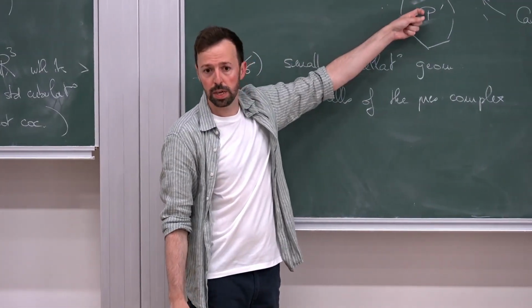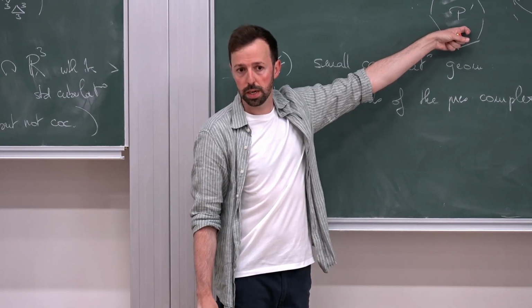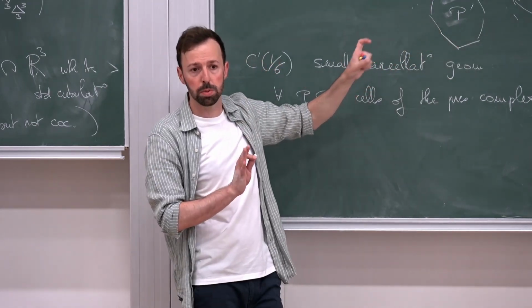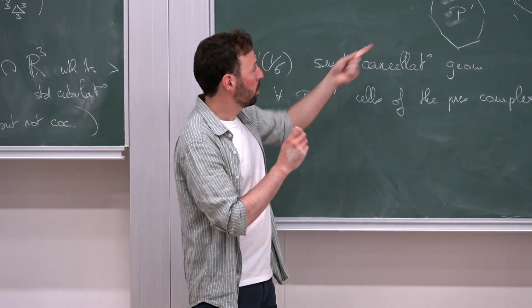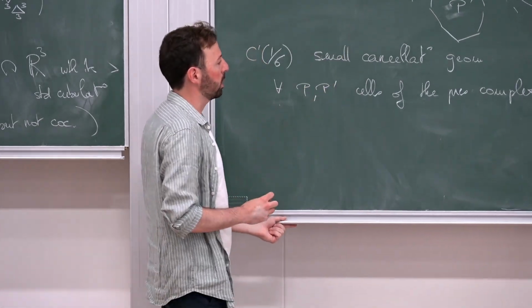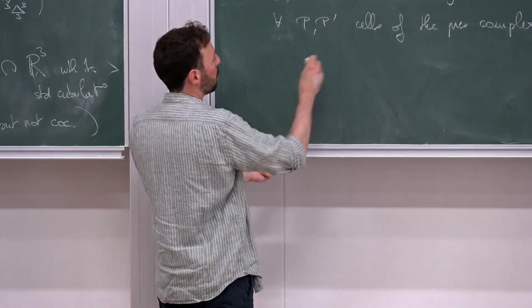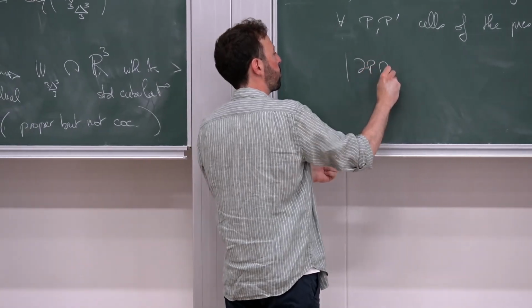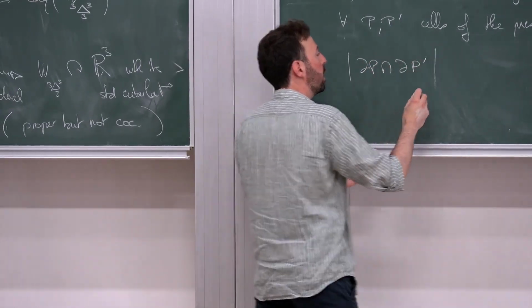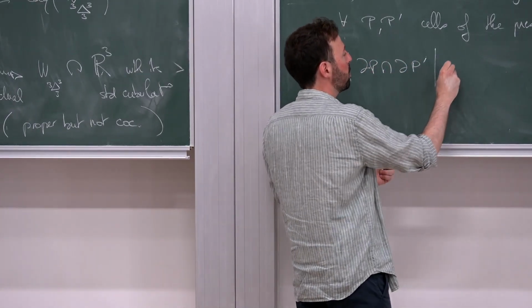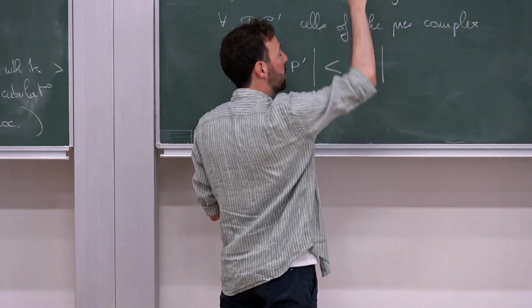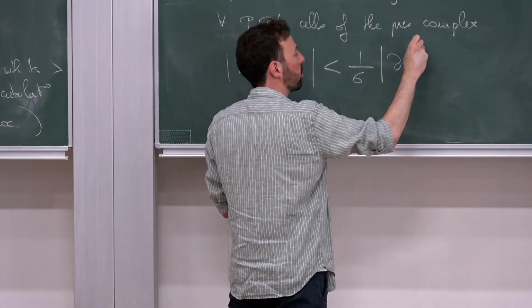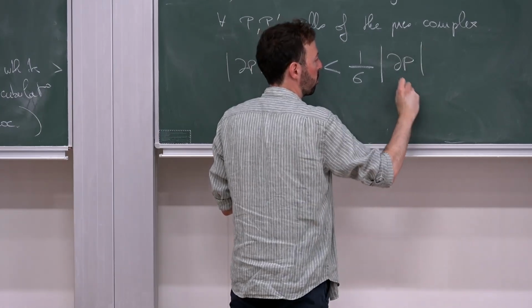These two octagons intersect in exactly one edge, and that's the only thing that can happen. Either they're disjoint or they intersect in one edge. In particular, the intersection, in combinatorial length, is strictly less than 1 over 6 of the number of edges on either of them.